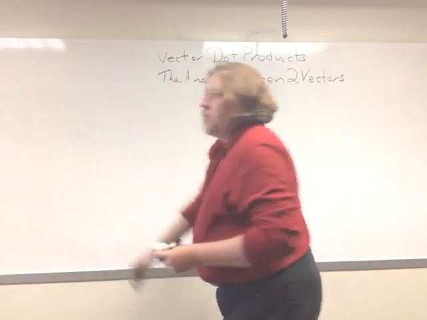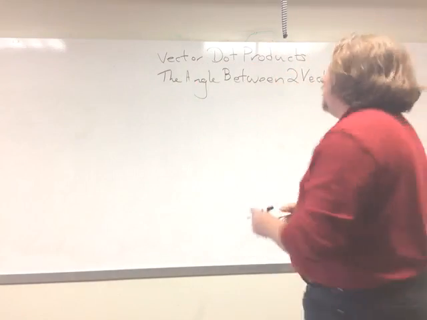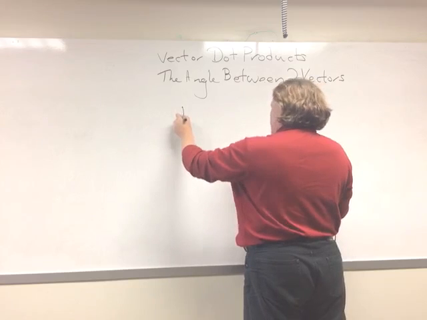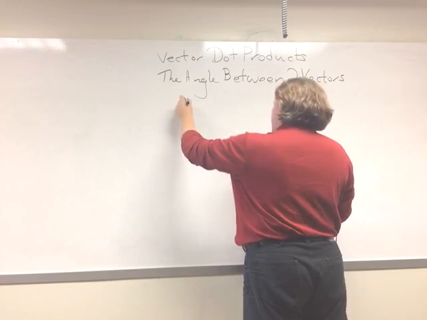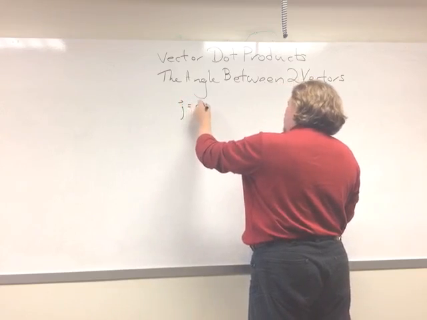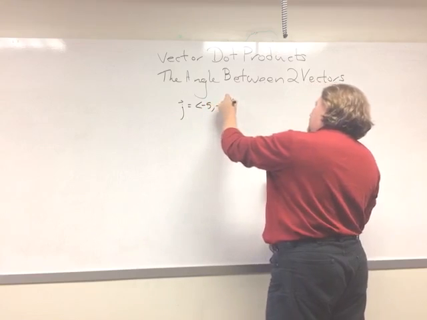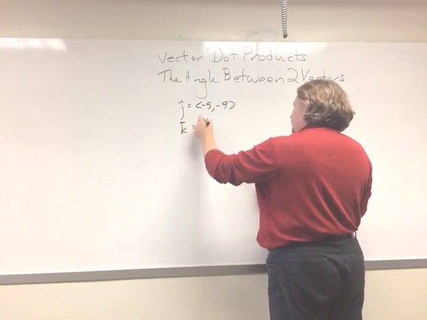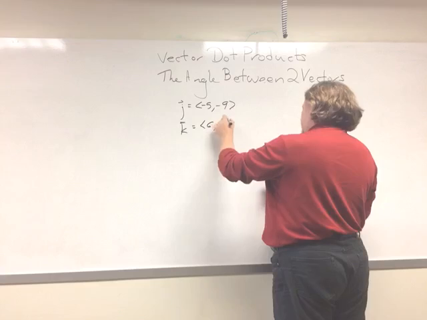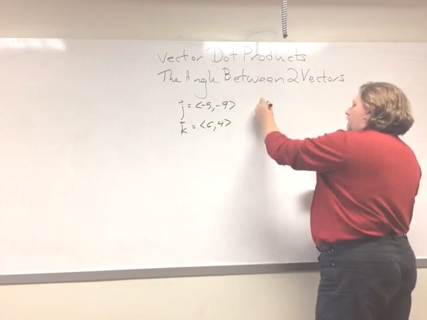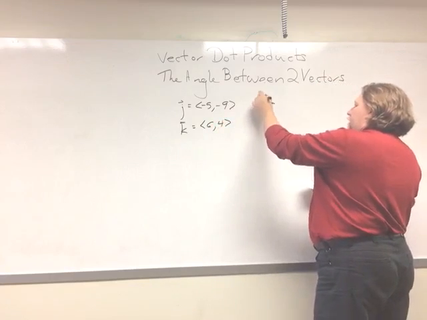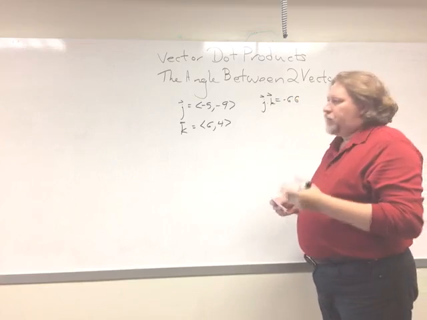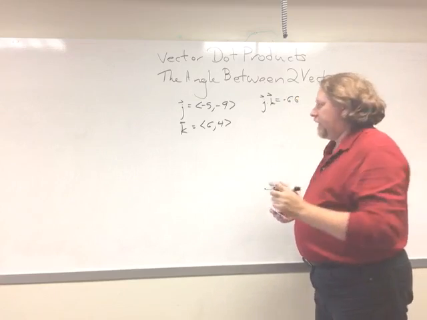So going back to our earlier example, we have a vector J is -5, -9, and we have a vector K is 6, 4. And we already found out a little while ago that J dot K is -66. So if I want to find out what the angle is, I'm also going to need the magnitudes.